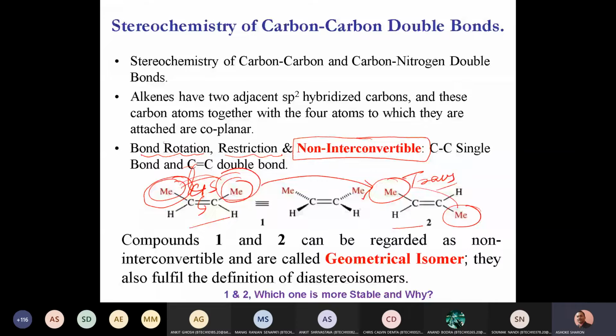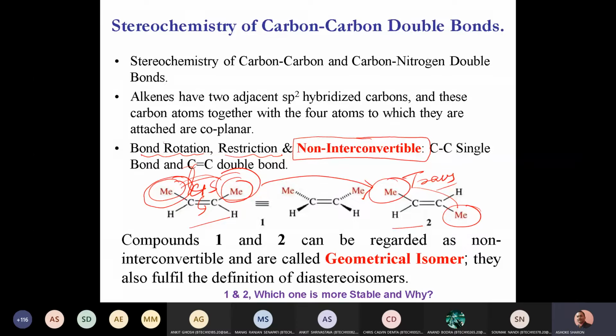That is the reason that 2 is more stable, but experimentally it is well proven using the heat of hydrogenation, thermodynamically stable when we calculate energy.